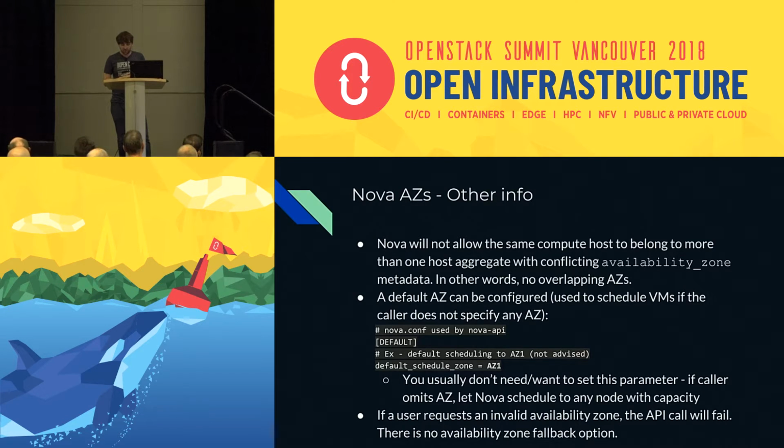However, normally you don't want to do that. So that you can accept workloads that don't require high availability. And in this case, Nova will schedule to any node with capacity regardless of the AZ. This helps with the resource segmentation issue, but only in that one case. It doesn't solve for picking 2 AZs out of the 12 to schedule a high availability workload.